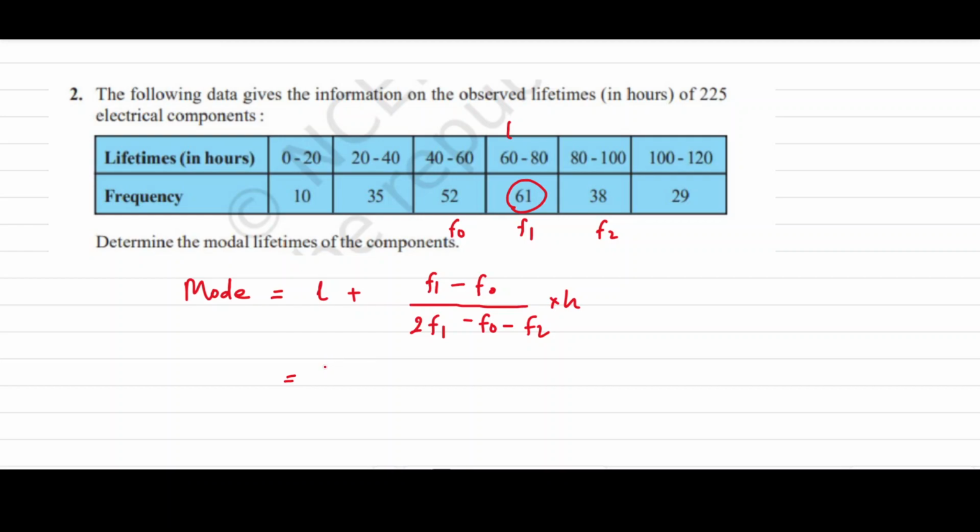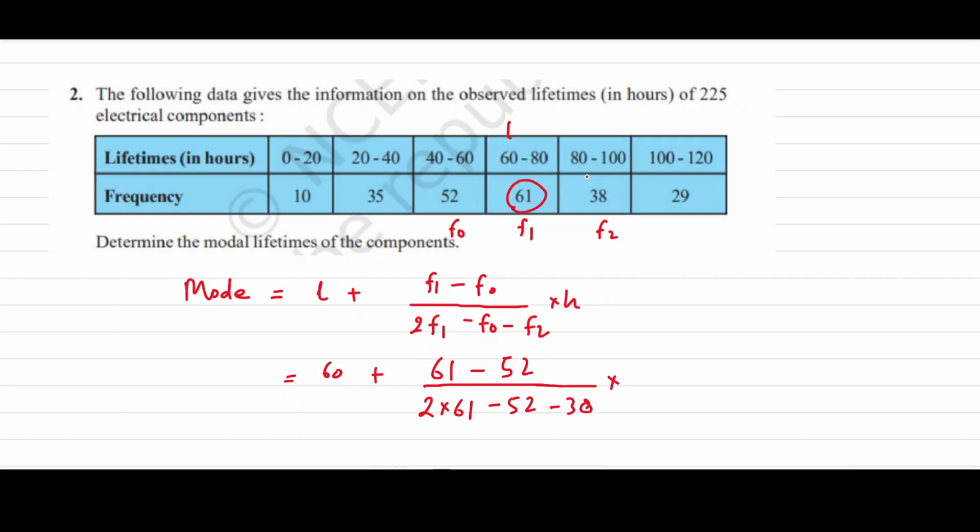Now put the values. L will be 60, F1 will be 61, minus F0 which is 52, and 2 into 61 minus 52 minus F2 which is 38.